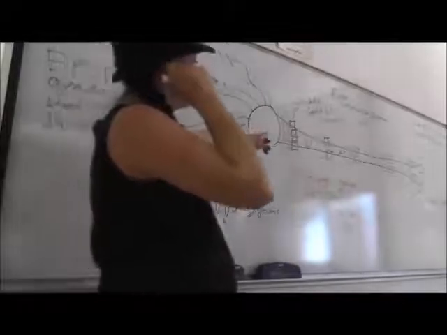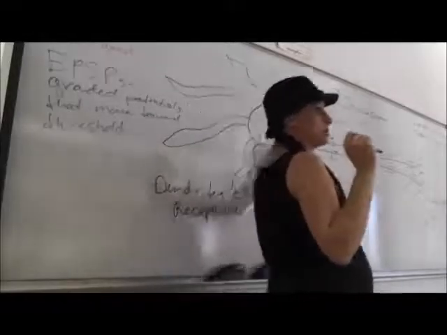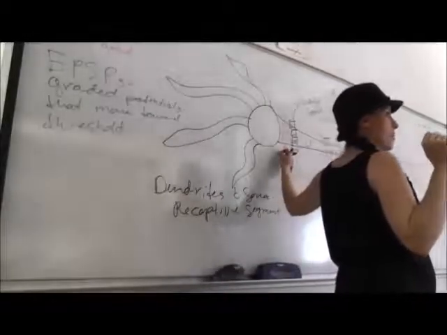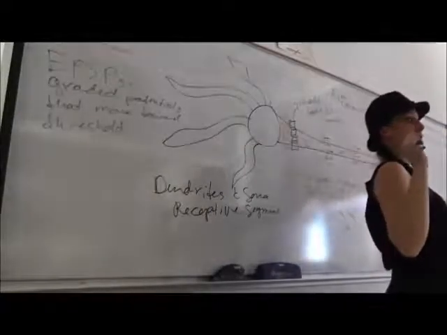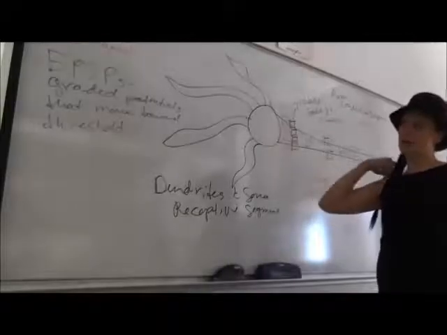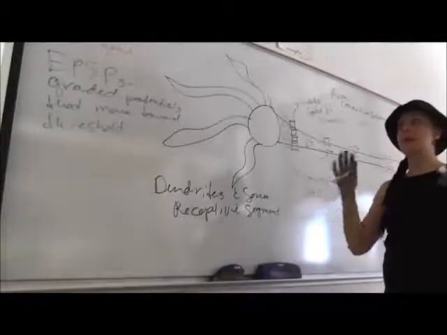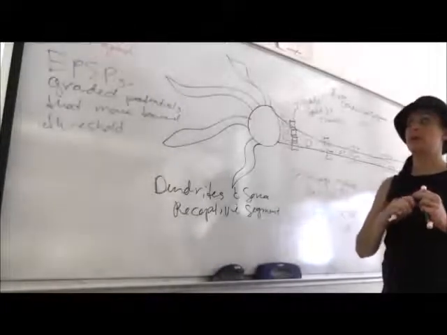Threshold for what? The threshold for these voltage-gated sodium channels to open. As soon as they open, sodium is going to rush into the cell and begin our action potential that is self-propagating. So our excitatory postsynaptic potentials are these little graded potentials that move us closer to threshold.